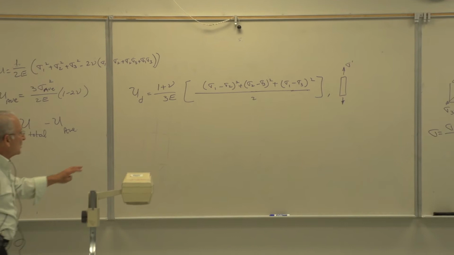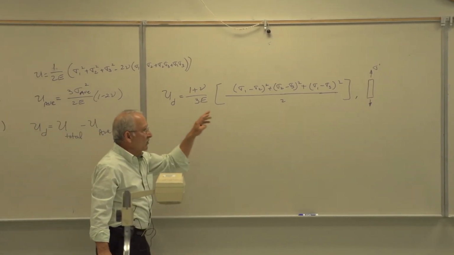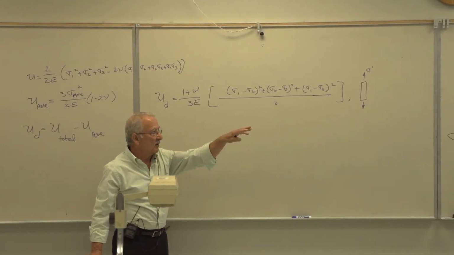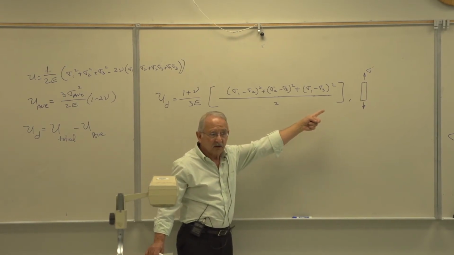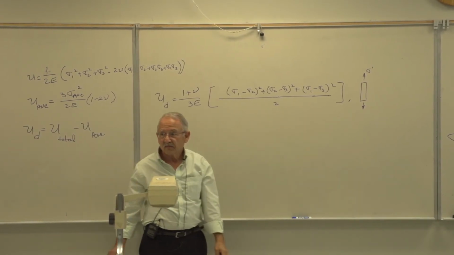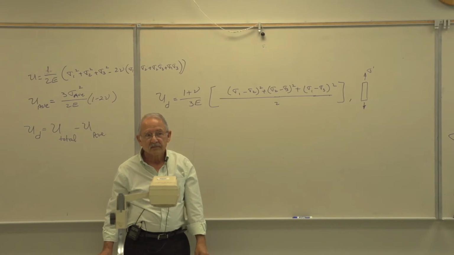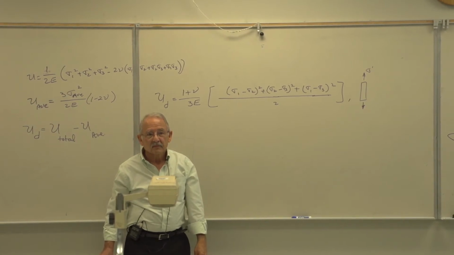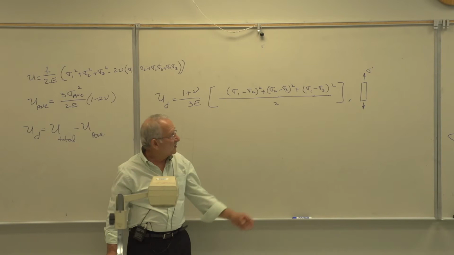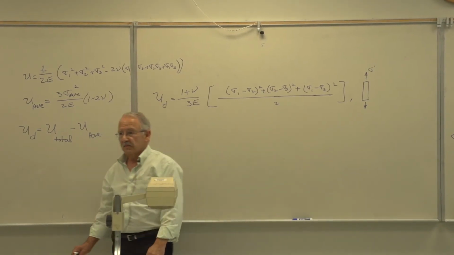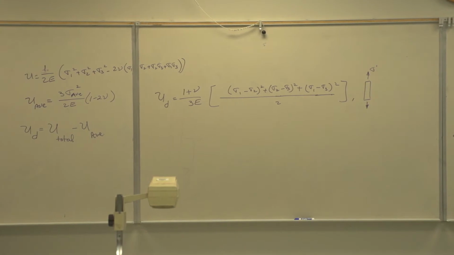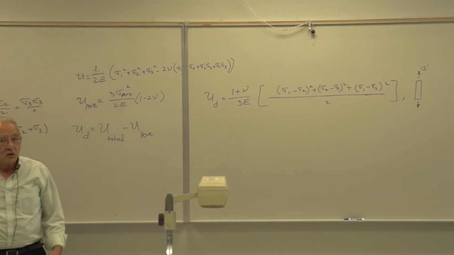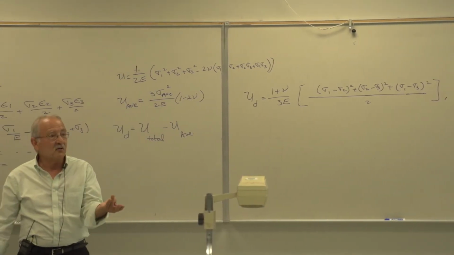This is strain energy due to distortion for that general case. I want it for that case. How can I do that? What are the stresses in this case? Sigma prime and 0 and 0, right?